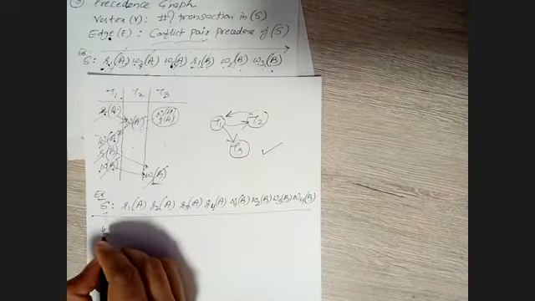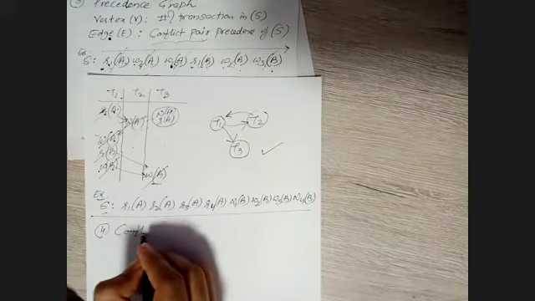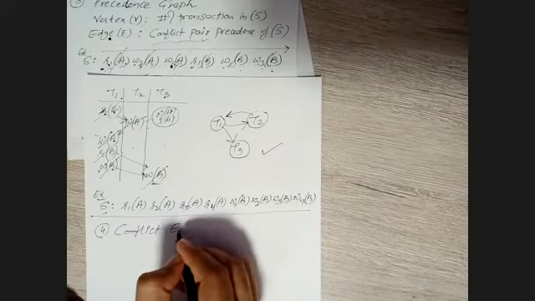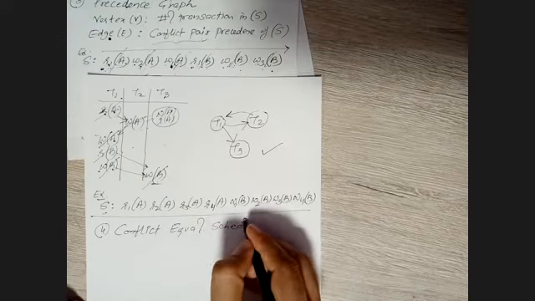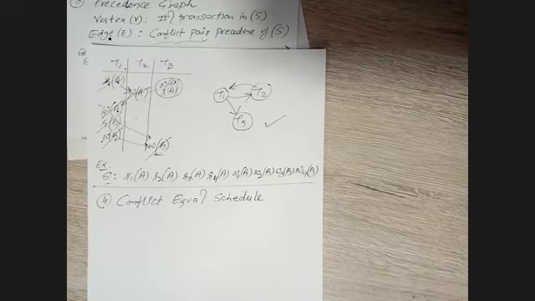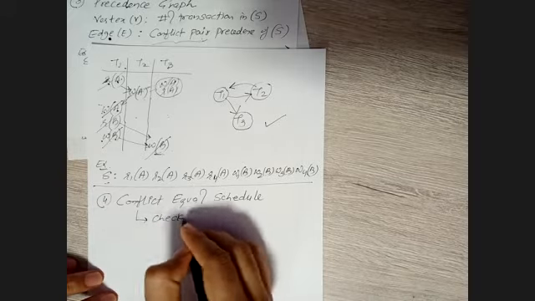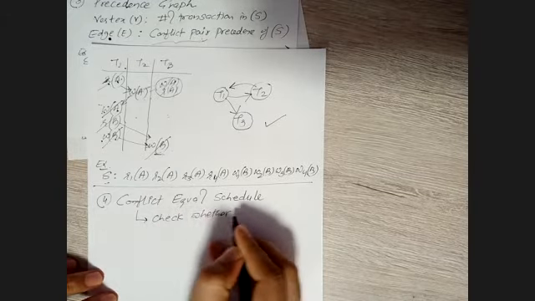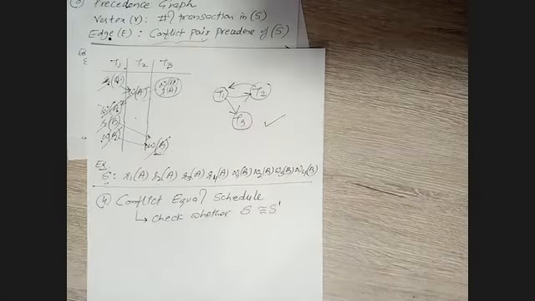And now let's see the last one, that is the fourth, conflict equal schedule. Conflict equal or equivalent, both same. What is this conflict equal schedule? Remember, when equivalence is mentioned, we should definitely have two schedules. In this, we need to check whether the schedule S is equivalent to S dash or not. So how do we find out S dash?